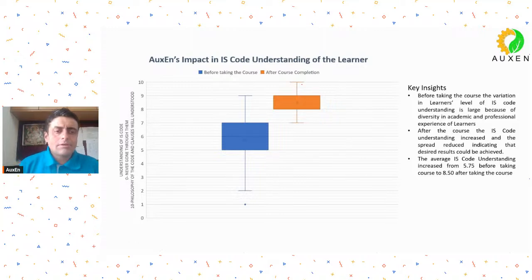Then when we asked our participants on what was the impact of our courses on the codal understanding, because as a structural engineer, the understanding of Indian standards and other international standards is very important. So before taking the course, participants said that their understanding was, let's say, at a level of 5.75, which rose up to around 8.50 after taking the course.